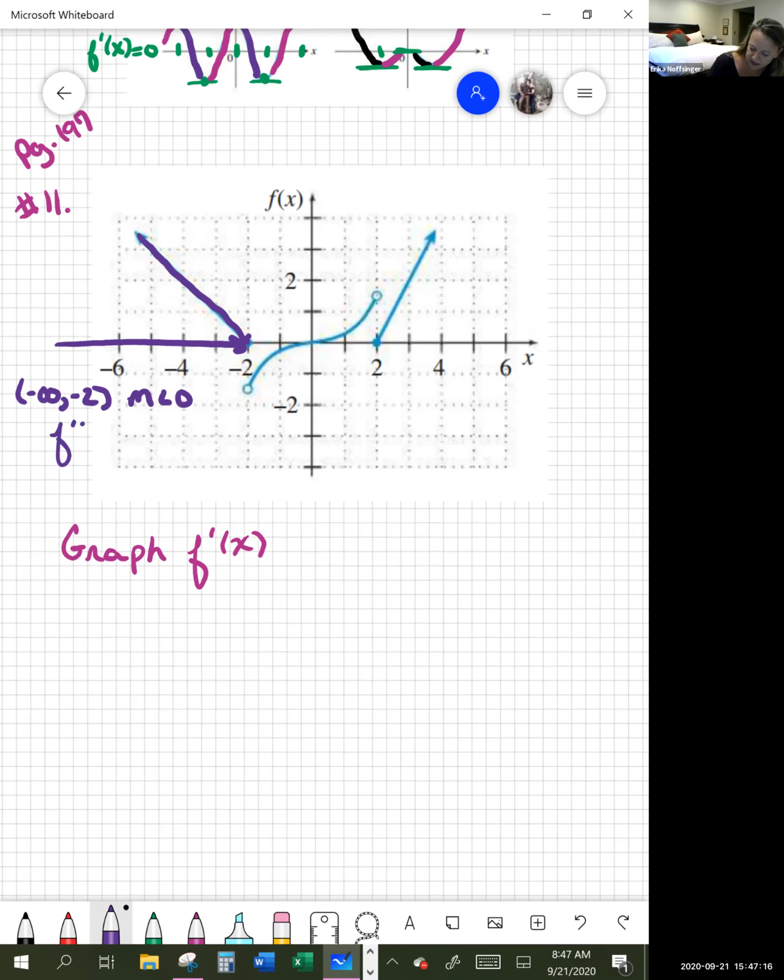So f prime of x is below the x-axis. Notice though that the slope, at any point that you choose, if I chose x equals -4, my slope is the same here as it would be at x equals -5 or x equals -3. All of these have the same slope because it's a line.